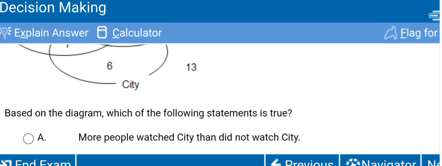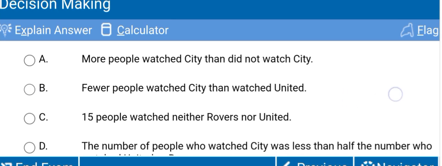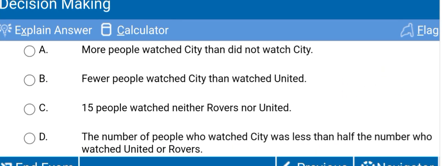Option A, more people watched City than did not watch City. Option B, fewer people watched City than watched United.